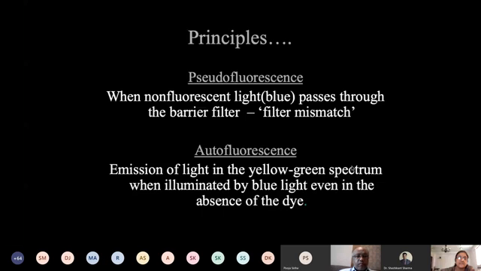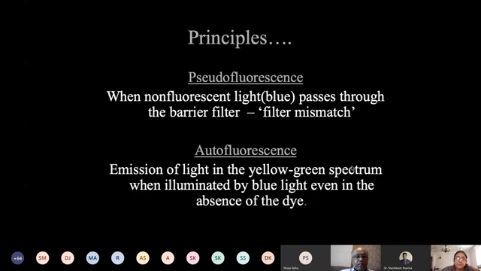While autofluorescence is the emission of light in the yellow-green spectrum when illuminated by the blue light, even in the absence of the dye. So autofluorescence would be that you have not injected any dye, but you're already seeing some amount of fluorescence happening. This is something very common, like an optic nerve head drusen, which can have autofluorescence, so you will be able to see fluorescence even before you've injected the dye.